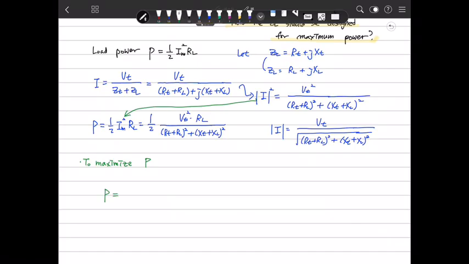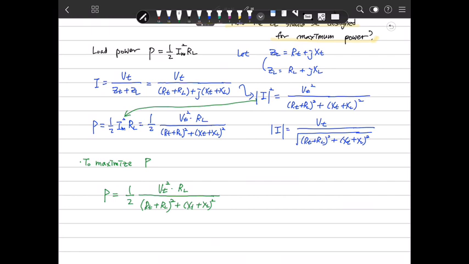P was half Vt square RL over (Rt plus RL) square plus (Xt plus XL) square.